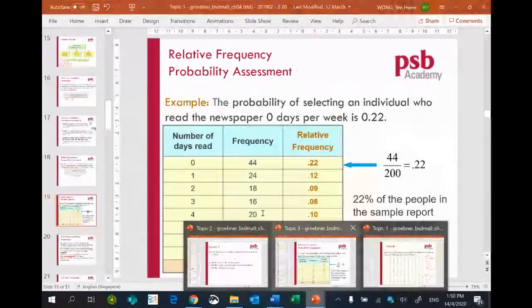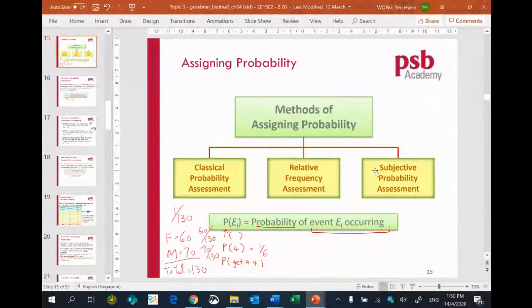Okay, the last one is subjective. Subjective is when you wish you could get data, but you can't, like election or weather forecast. You can't really collect data and find out the probability. You can have some information, but it may not be correct, or there will be major drastic changes every time you get the data.